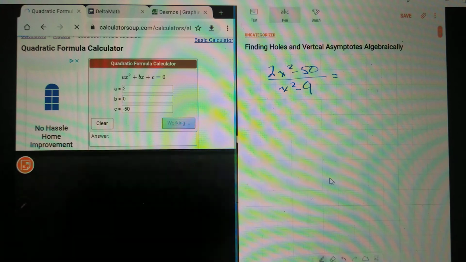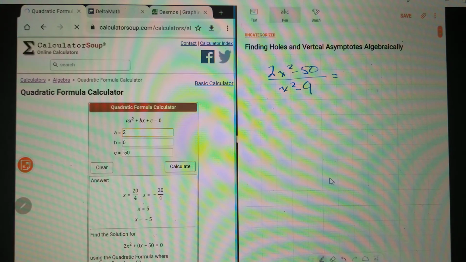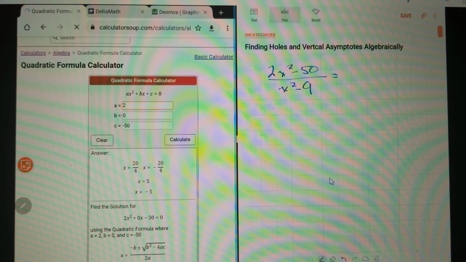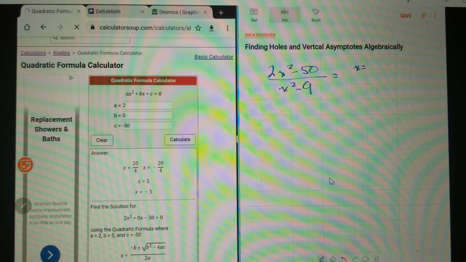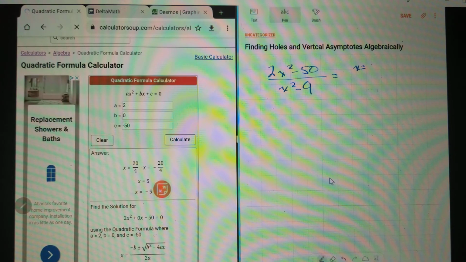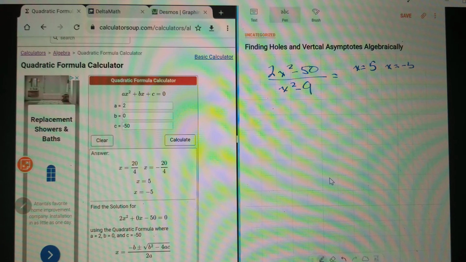We hit calculate, and it's going to give us x equals 5 and x equals minus 5.